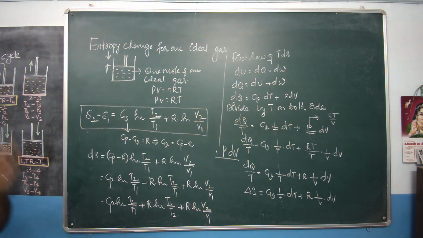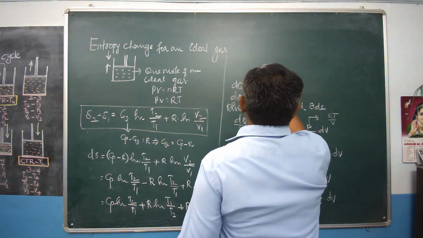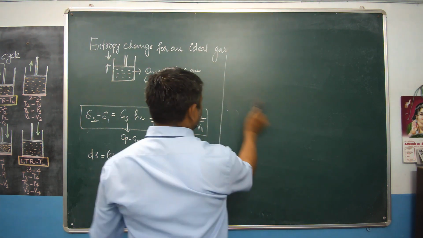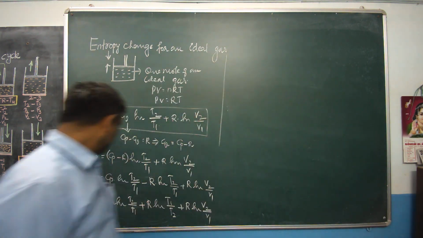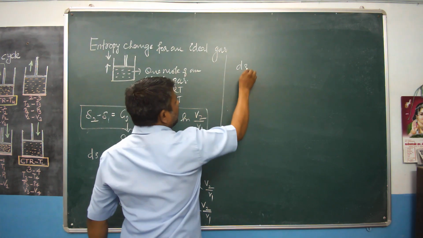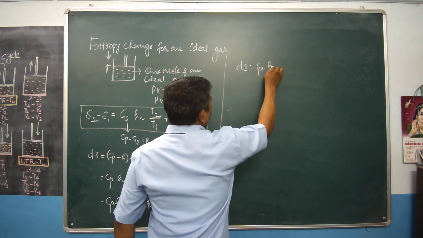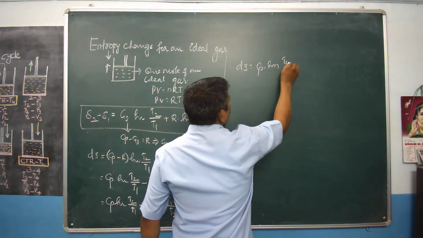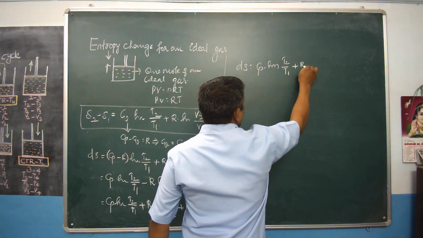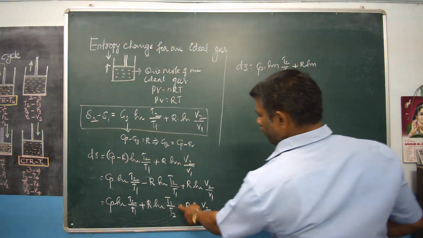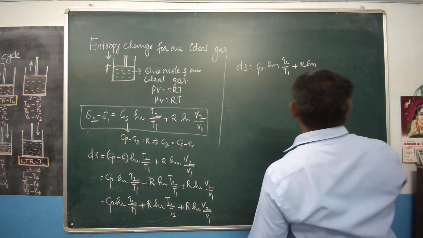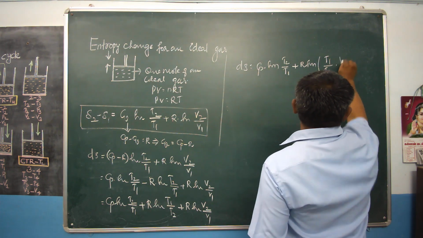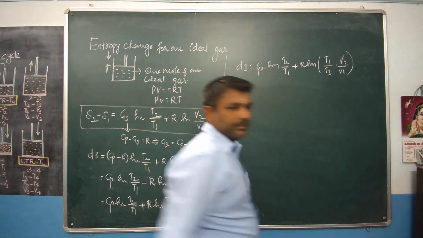Right? Next. Change in entropy, delta S is equal to Cp ln T2 by T1 plus R into ln of T1 by T2 into V2 by V1. Clear?